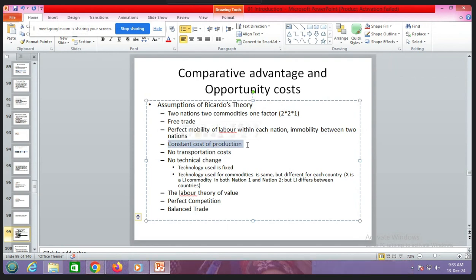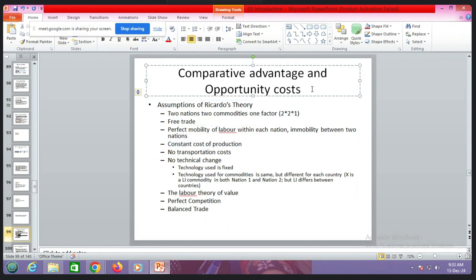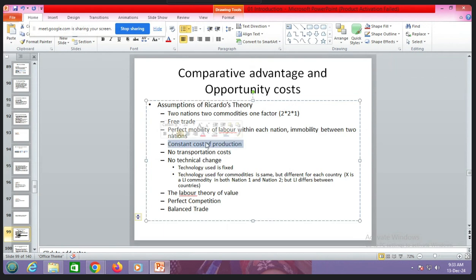Then we are talking about constant cost of production, because here we are dealing with opportunity cost. We are dealing with the first situation, which is called the constant cost of production. That means whether you produce 10 units, 100 units or 1000 units, the marginal cost is going to be the same. Every additional unit that you want to produce can be produced at the same cost.